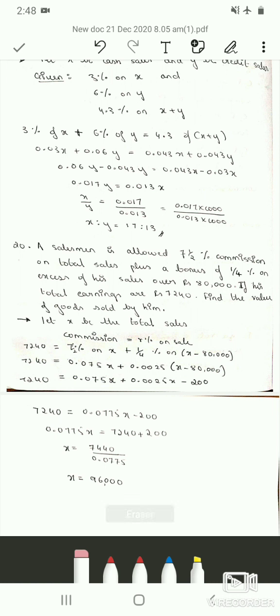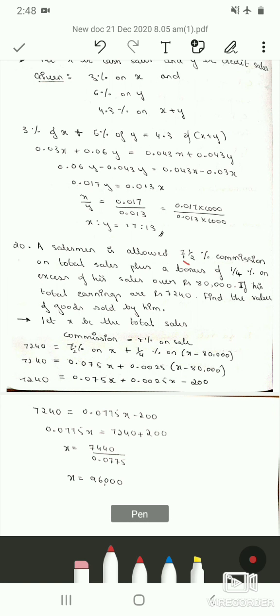This is the commission value, which is 7,240, which is equal to 15 divided by 2 on x. So x is nothing but total sale. They have given 7 1/2% commission on total sale. So we have taken total sale as x.